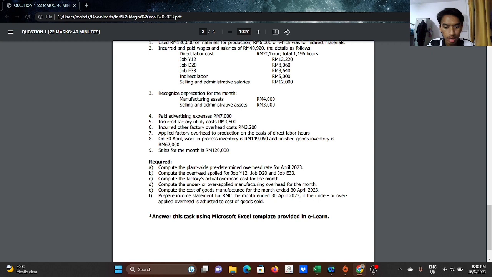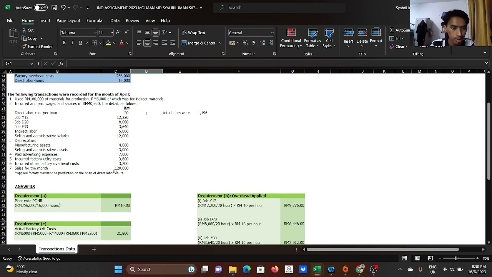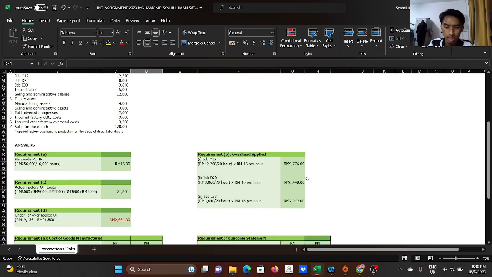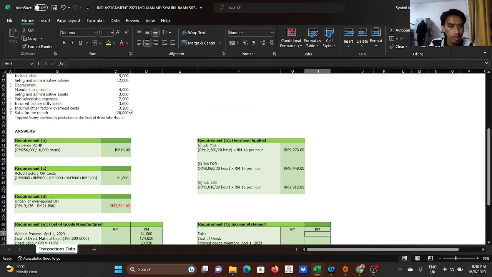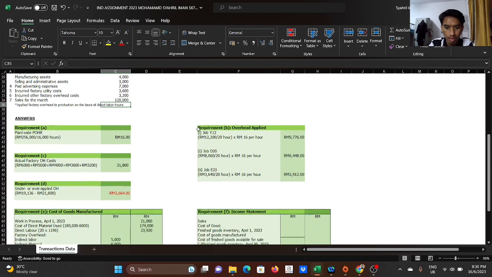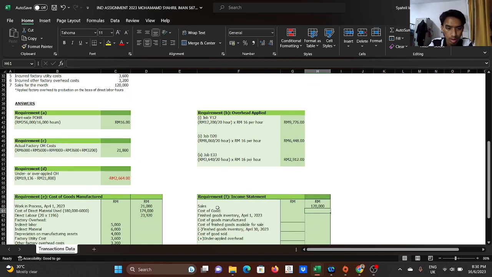Okay, for the last question, which is prepare income statement for RMC for the month ended 30 April 2023, if the under or over applied overhead is adjusted to cost of goods sold. For this question, we need to find the sales amount. From the question, the sales amount is 120,000. Next, we need to find cost of goods sold.